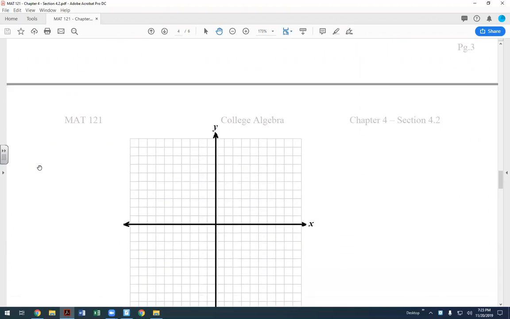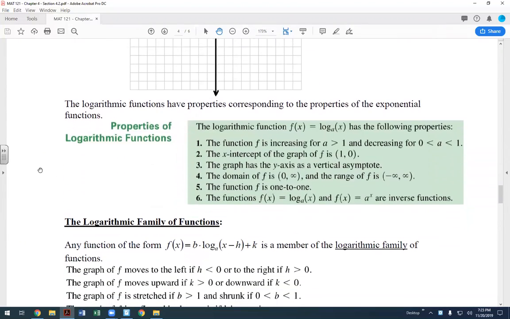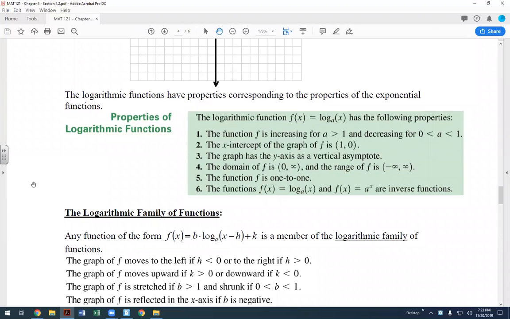Alrighty, so that gets us to, let's quickly talk about the properties, and then we'll come back and pick up with the logarithmic family. You should notice all of these properties will pretty much stay the same for all log functions. When our base a is greater than 1, the function will be increasing. When the base a is between 0 and 1, the function should be decreasing.